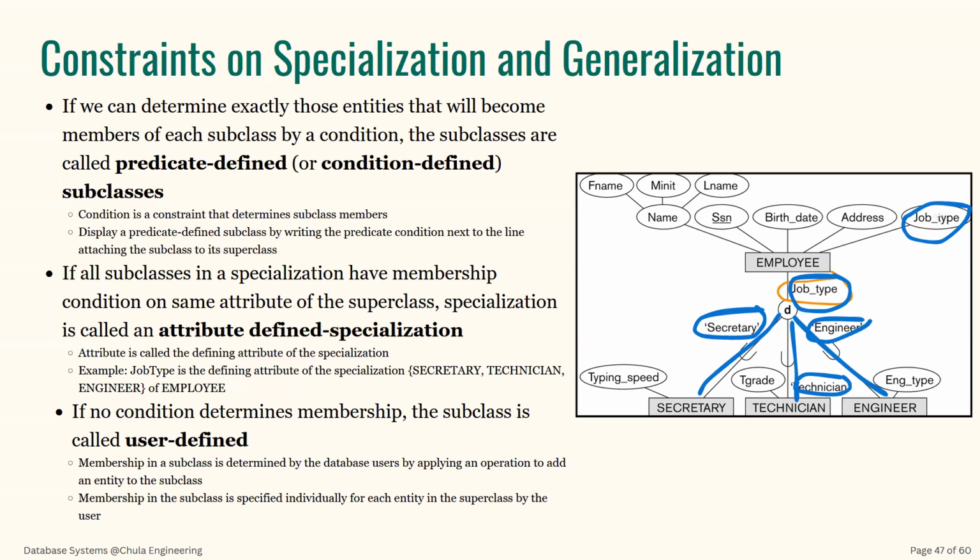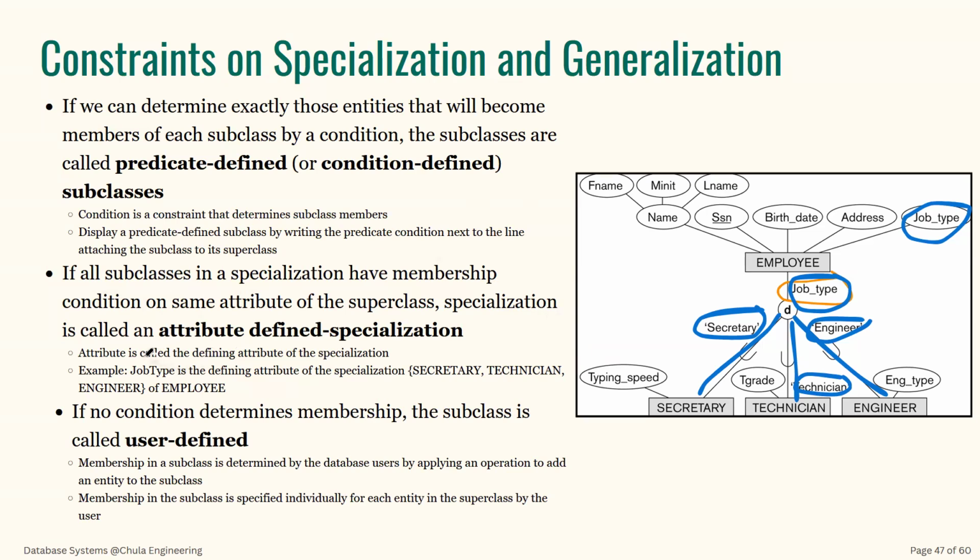All right. Now, if you don't have anything to determine which type, if you don't have the predicate defined or condition defined, it may be something called attribute defined. Attribute defined says that if all subclasses in the specialization have a membership condition on the same attribute of the superclass, the specialization is called an attribute defined specialization.